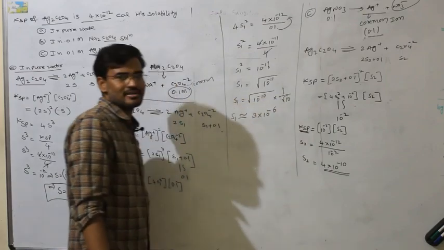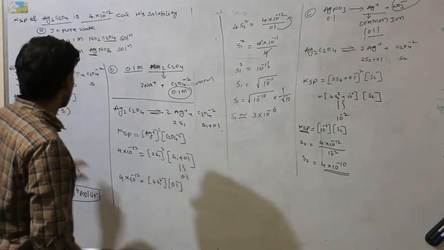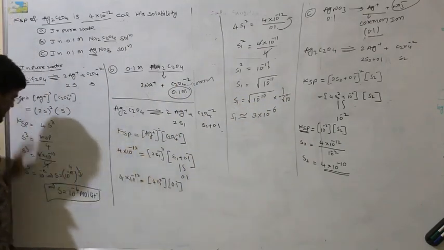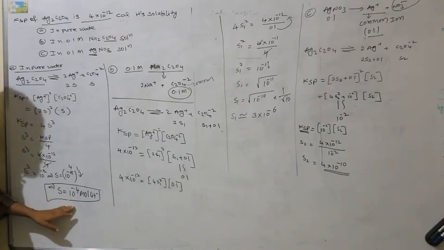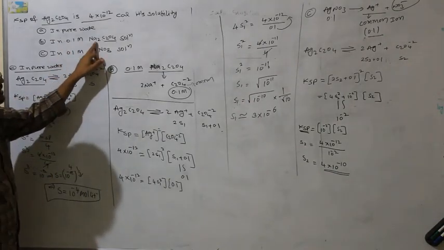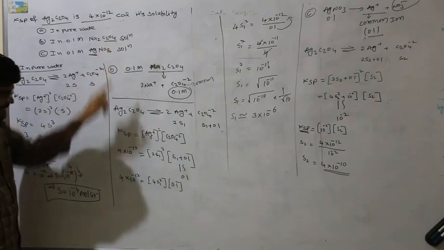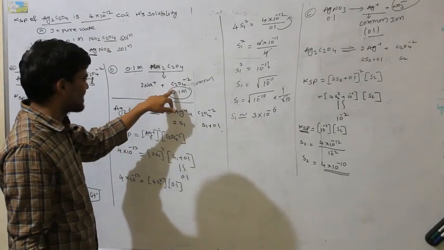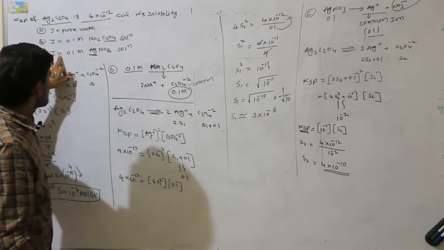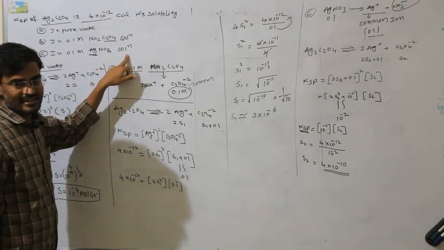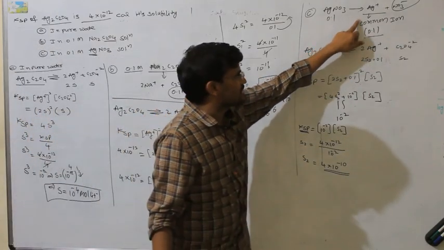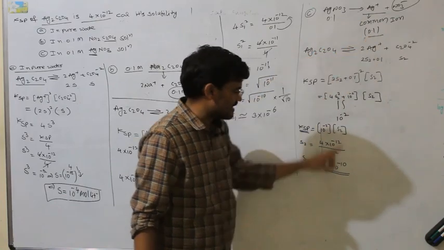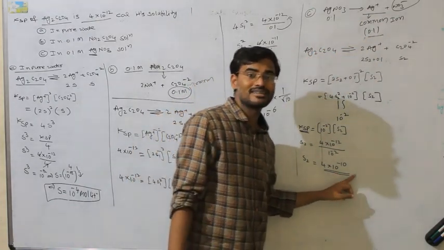This is the new solubility. So now look, in pure water silver oxalate solubility is 10 power minus 4. In 0.1 molar sodium oxalate it is 10 power minus 6, decreased due to the common ion oxalate. In 0.1 molar silver nitrate, the common ion is Ag plus ion. Due to Ag plus ion, solubility became 10 power minus 10.